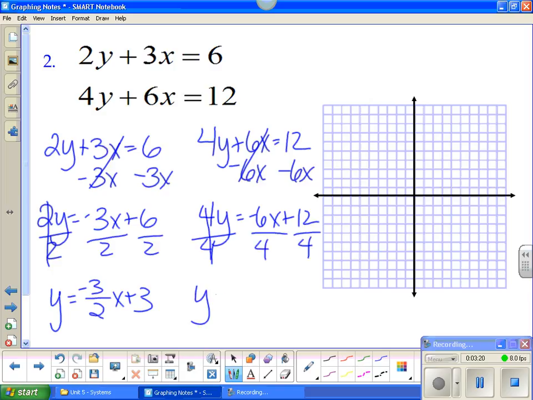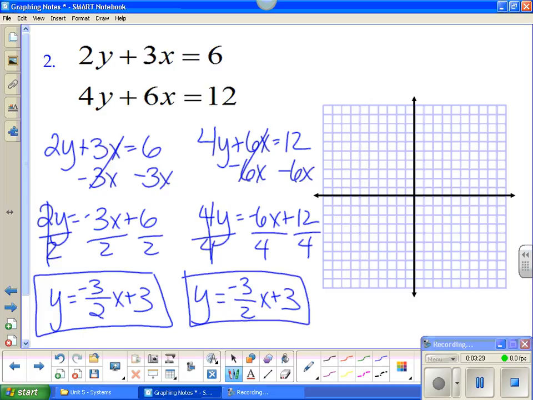Be careful with your reducing. And then some people are going to be able to see this right away, but these are the exact same equations, which means they are the exact same line.